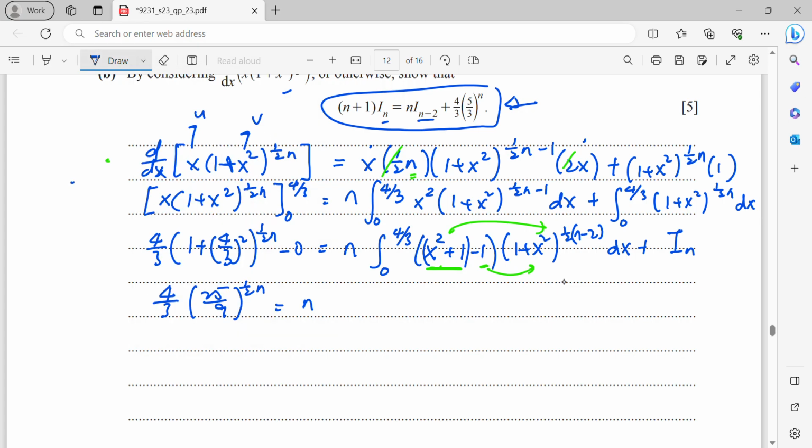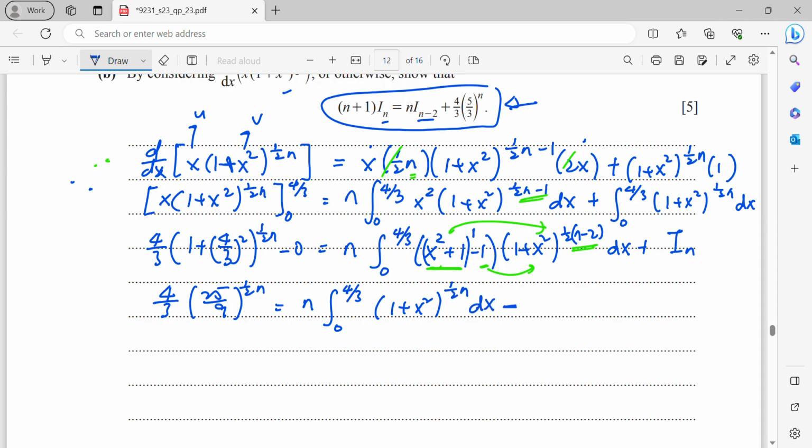Alright, so from here you will get integrate 0 to 4 over 3, then 1 plus x squared. Here is degree 1. Okay, so when you plus 1 to this degree, it is actually just half n. So I will get half n dx.